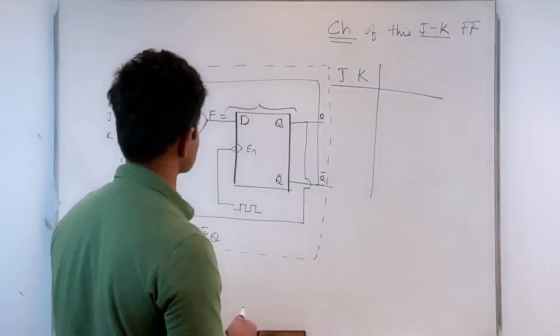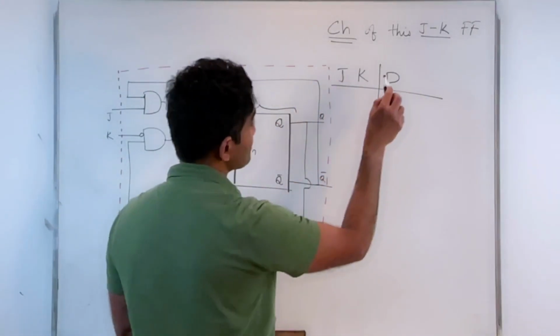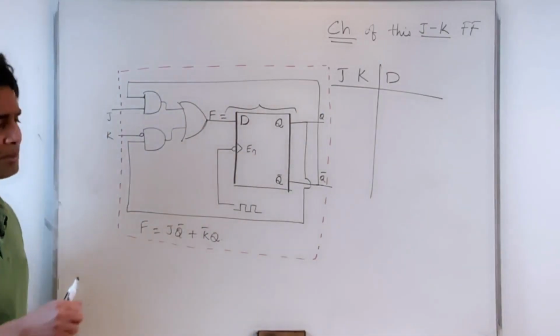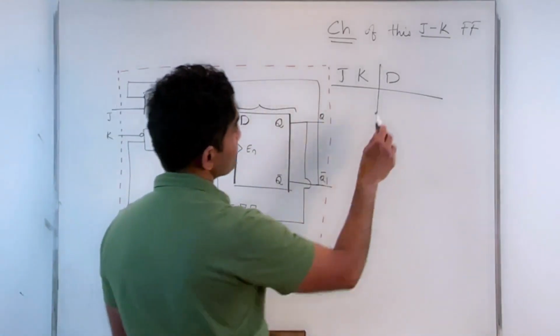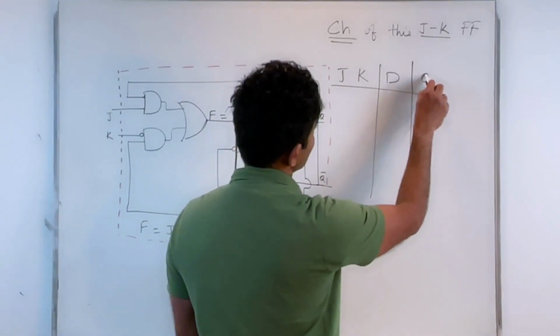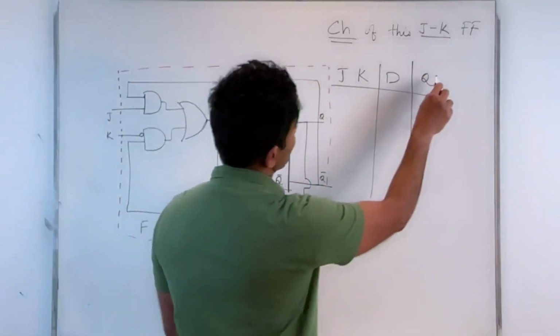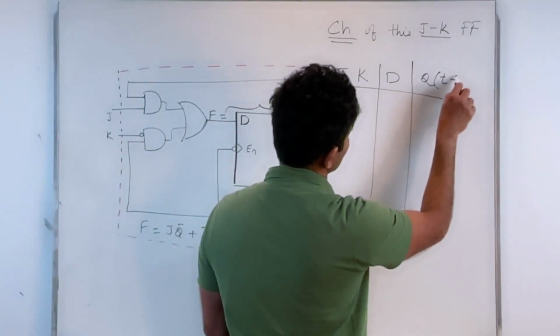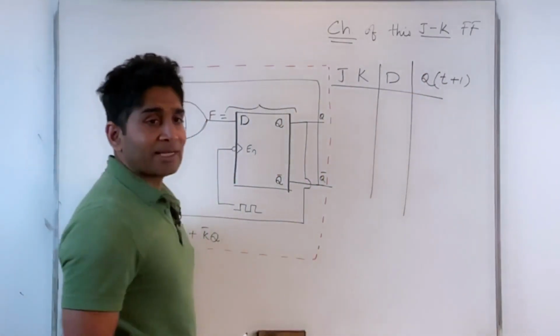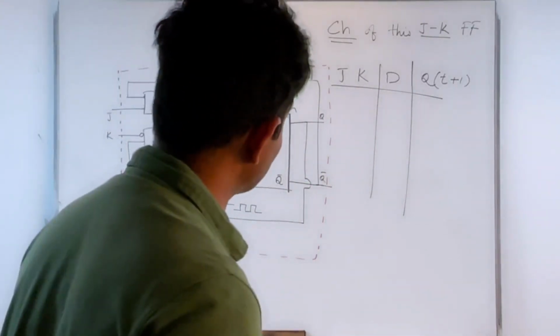Okay, in this case, the inputs are J and K. This is the intermediate input D. So let me place that there because that would help me with the analysis. Then I have Q and Q prime, and the output is basically Q. Now, because I want to know what happens in the next triggering instance, I would represent that as Q(t+1).